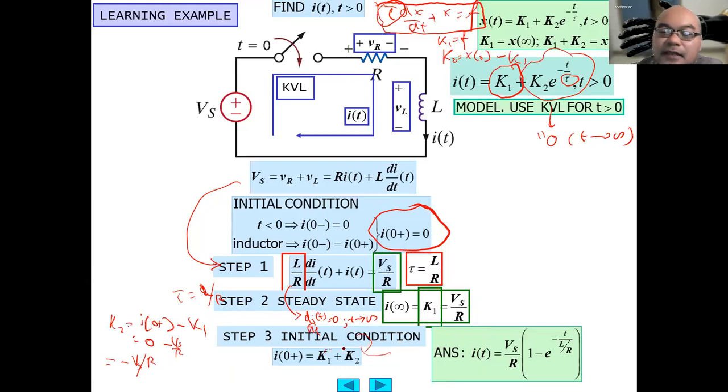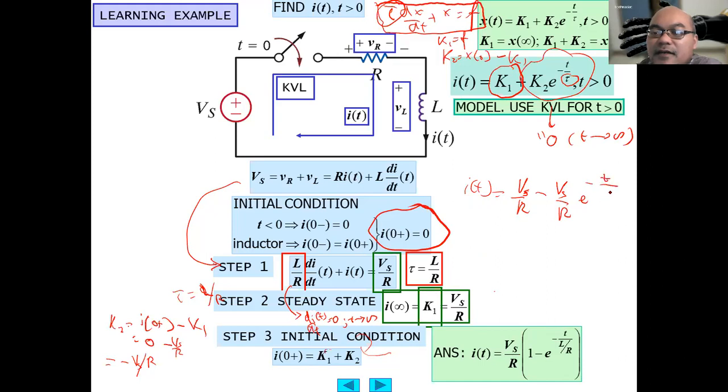So if we then put these constants K1, K2, and tau into the basic standard form of the solution, we obtain I(t) equals K1, which is Vs over R, plus K2, which is minus Vs over R, times exponent minus t over tau.